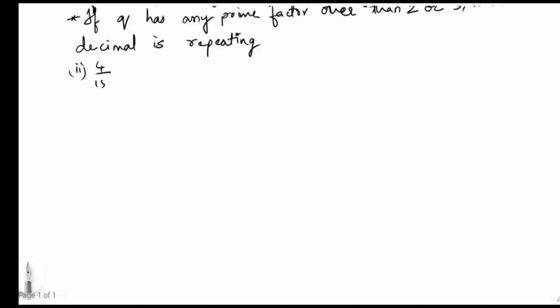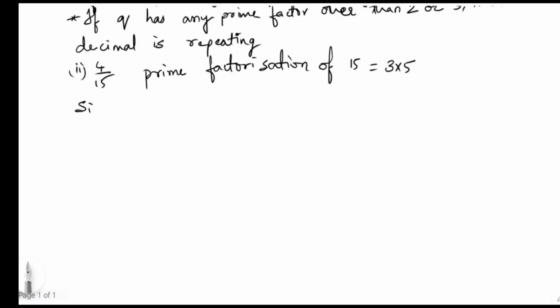4 by 15. So let us write down the prime factorization of 15. That will be 3 into 5. As you can see, other than 2 and 5, we are having 3 as well.